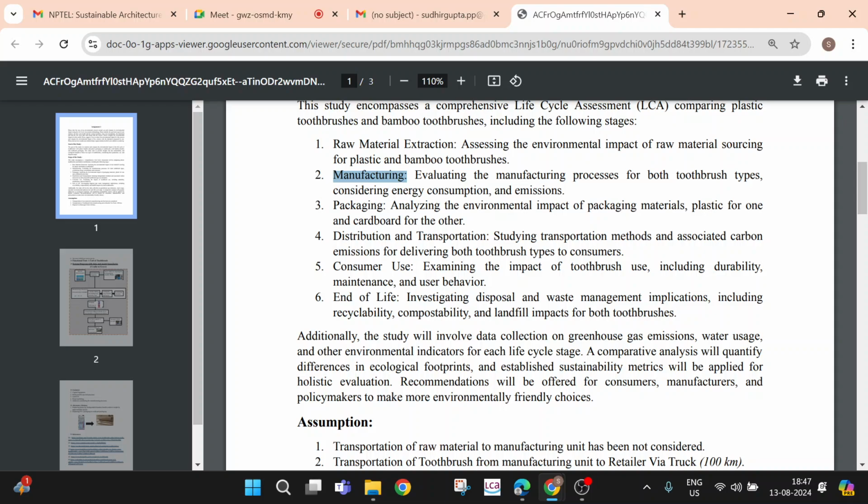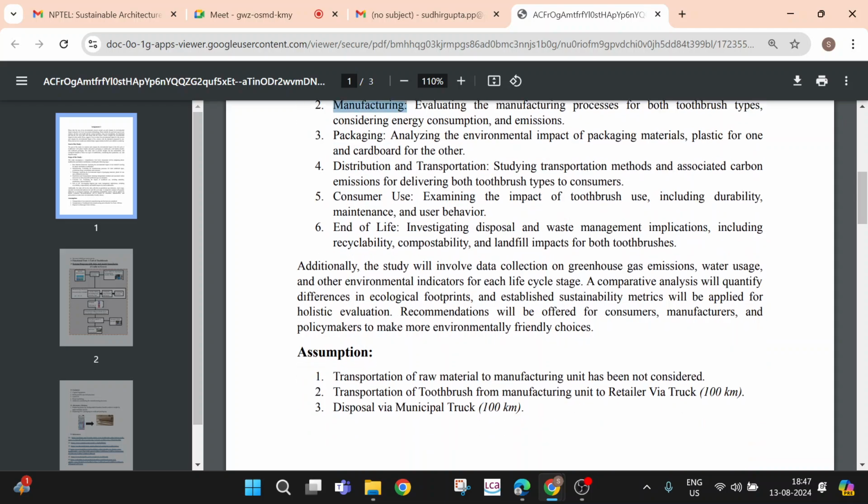You will examine this based on how many times you use the toothbrush, how much water you use for brushing, and how this water has been extracted from the groundwater. All these processes are interdependent and interlinked, so one process is dependent on another. All of this will be considered in consumer use, with some assumptions and data which we will know.